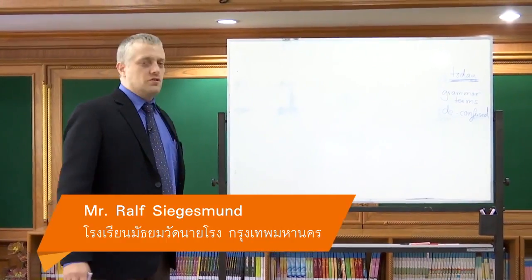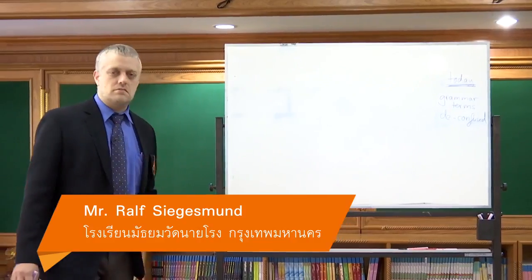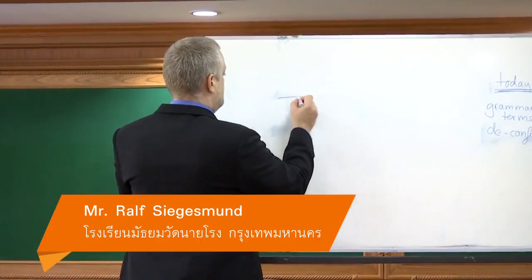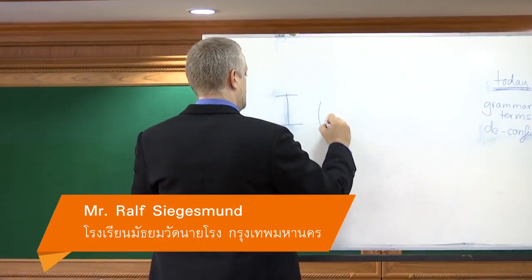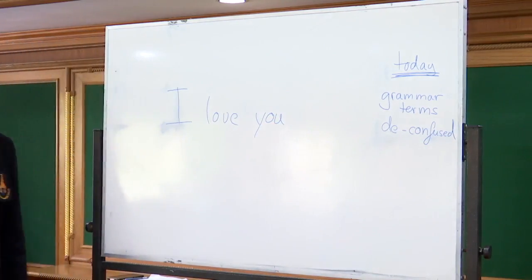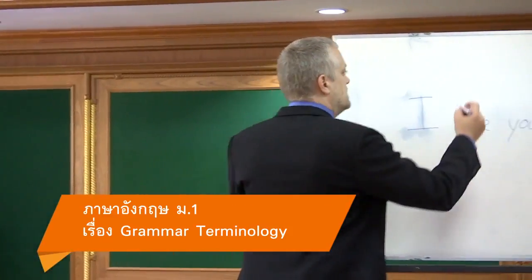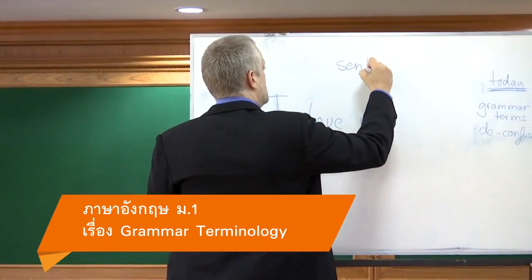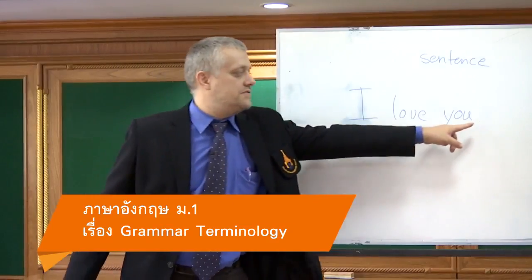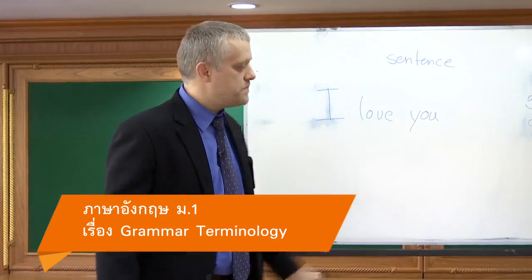I have chosen a very important thing to deconfuse you about: all the grammar words. What is that? A sentence. Remember that all sentences have kind of a finalizer, an end, a period.